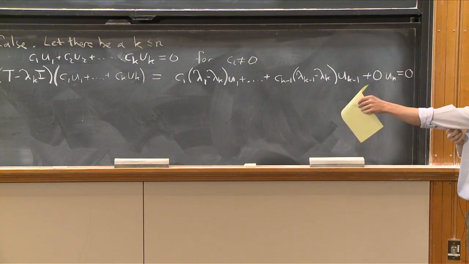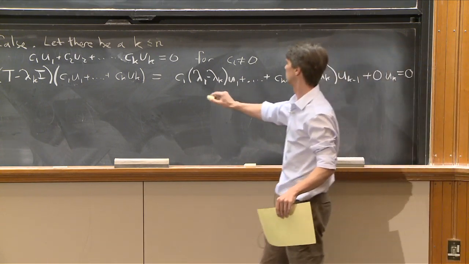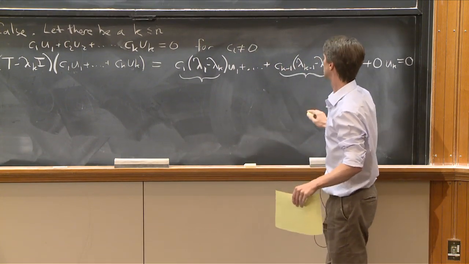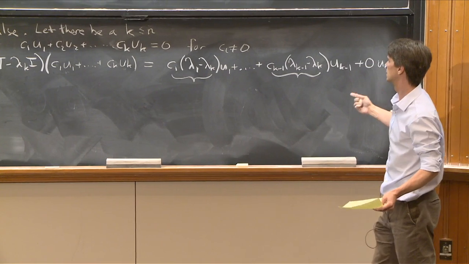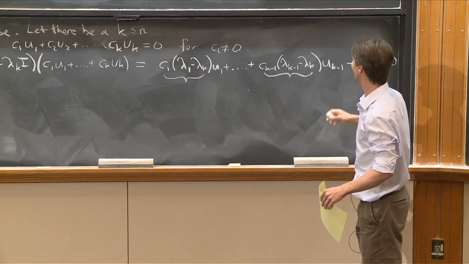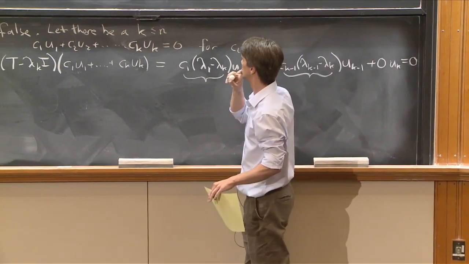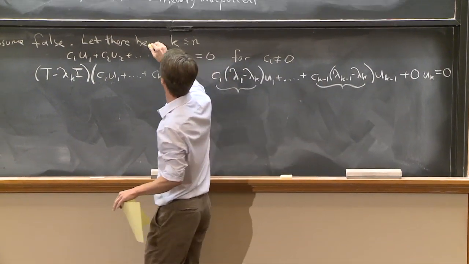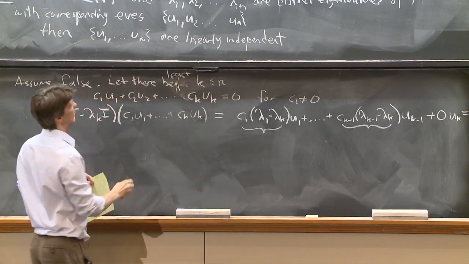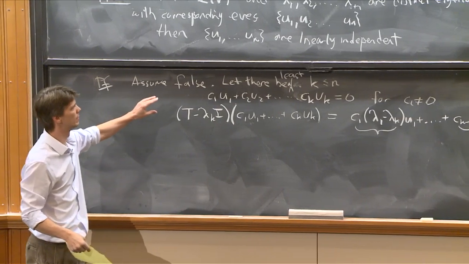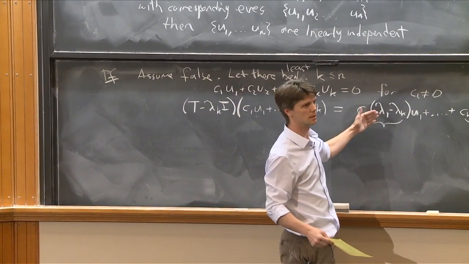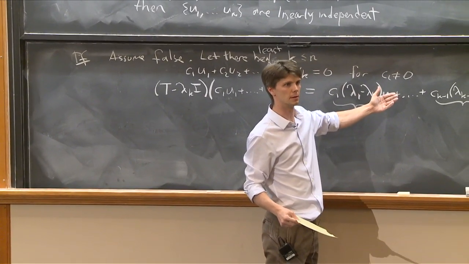And now these things here are just numbers. So we've actually written down a relation that involves fewer than k vectors. Actually, I should have said this: let there be a least k less than or equal to n, such that we have linear dependence. But what we've just shown is that there's a smaller space that's also linearly dependent.